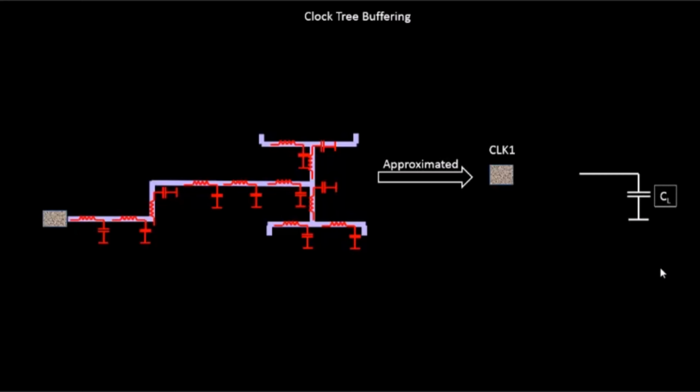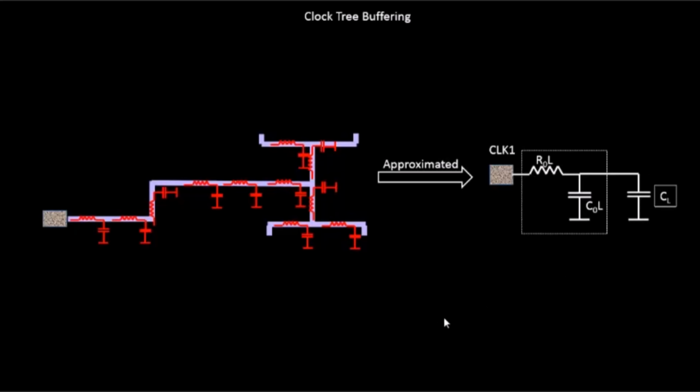And next we can approximate this whole section of the wire as a single lumped RC network, of which R0L and C0L are the values, where R0 is the per unit length resistance, and C0 is the per unit length capacitance. This is how we can approximate this whole bunch of network into a small one.